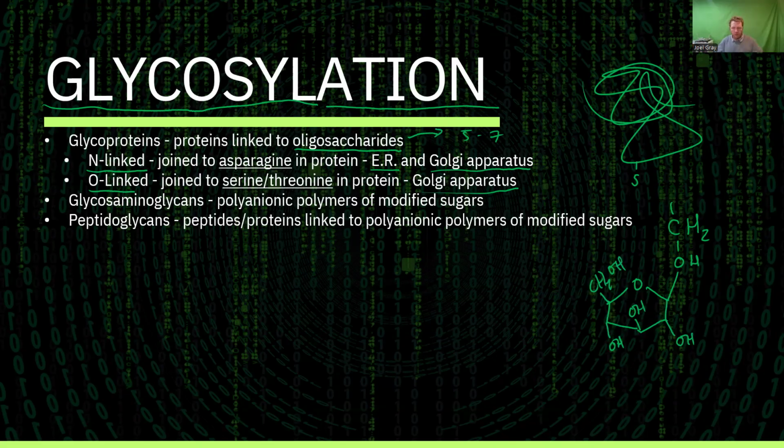Can everyone follow that? Give me a Y or an N in the chat. Now, my follow-up question is, this is like a serine with a glucose added to it. Is my serine with glucose added to it more capable of hydrogen bonding or less?